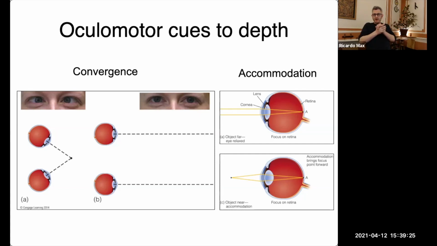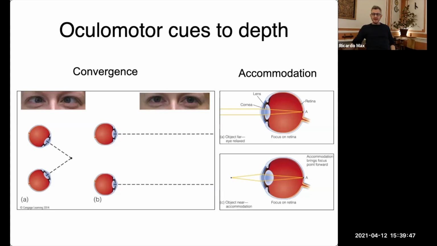These convergent movements are made by extraocular muscles around the eyes, and they can be voluntary or involuntary.